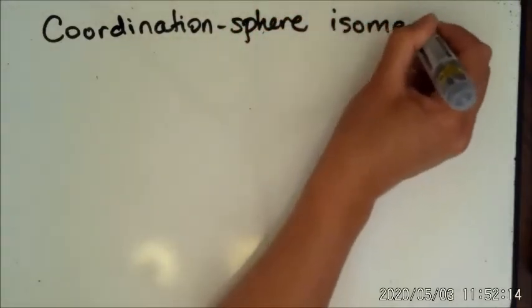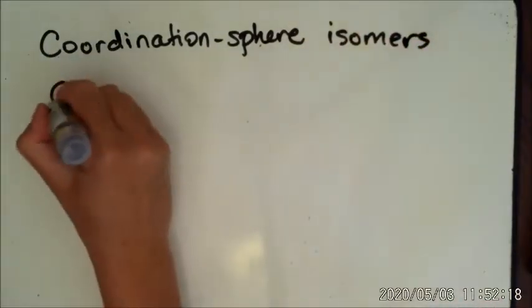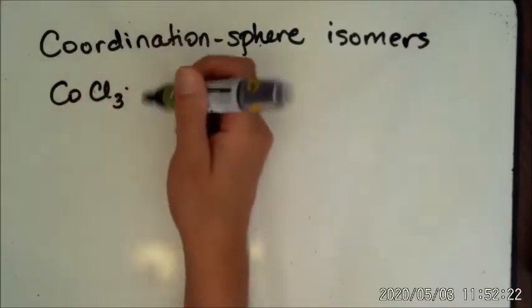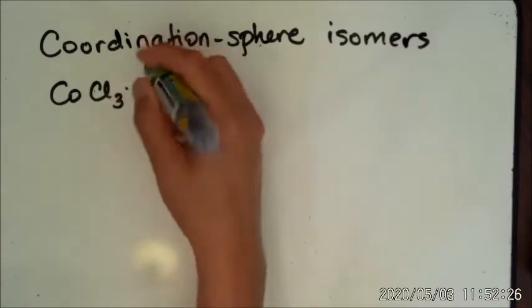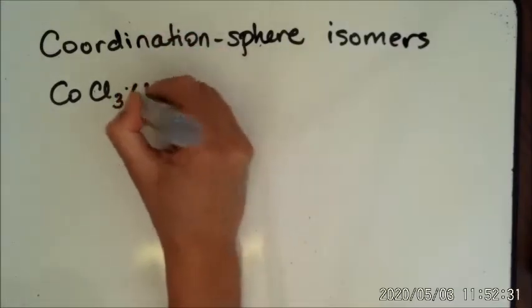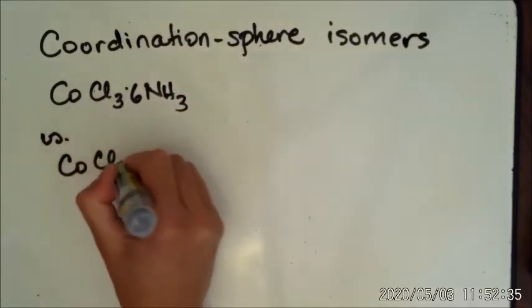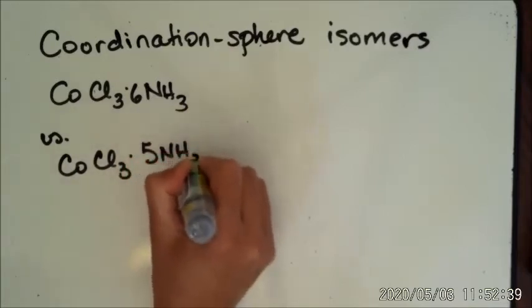In the very beginning when we talked about Werner theory, we talked about cobalt(III) chloride that's bound to different numbers of ammonias.